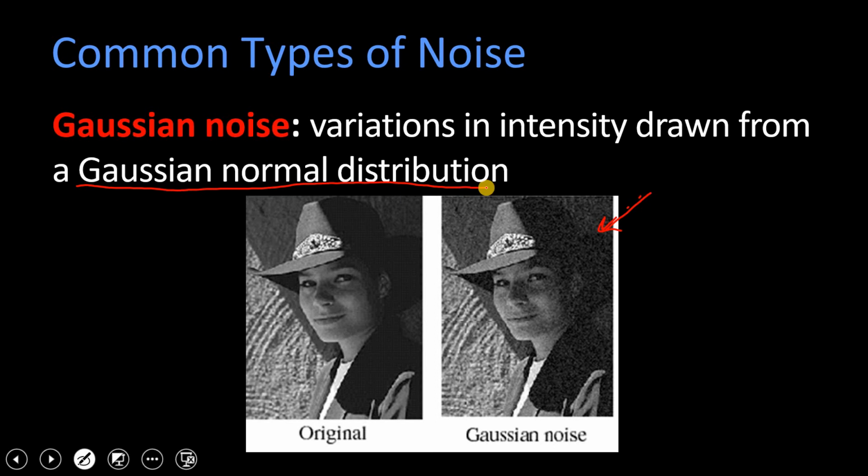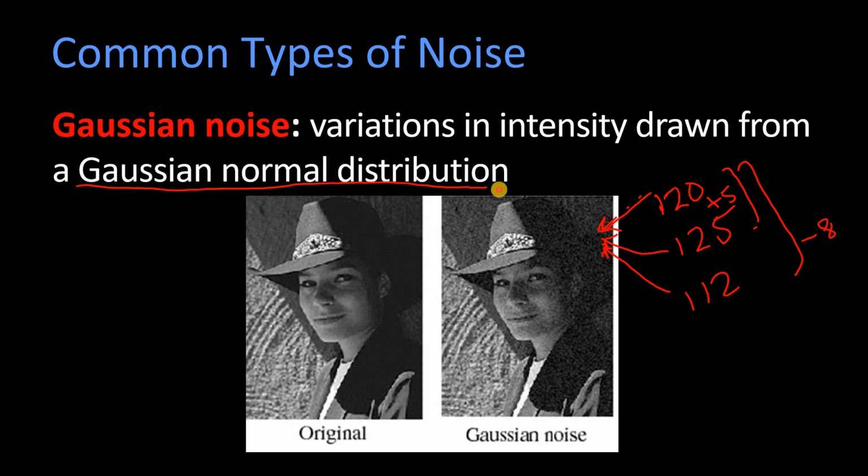Let's say your pixel over here has value 120. The noisy pixel next to it will have a value a little bit higher or lower. Maybe one has 125 and the other has 112. This extra value, maybe a difference of plus 5 or minus 8, is basically the normal distribution.